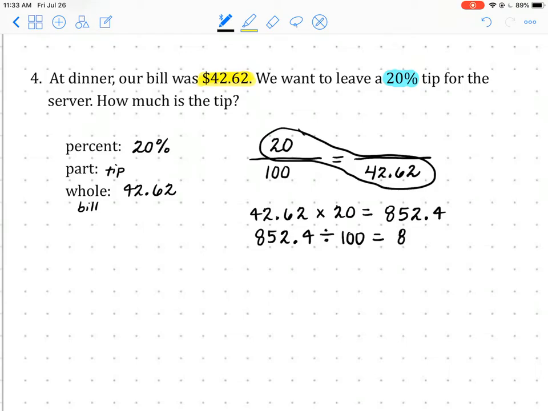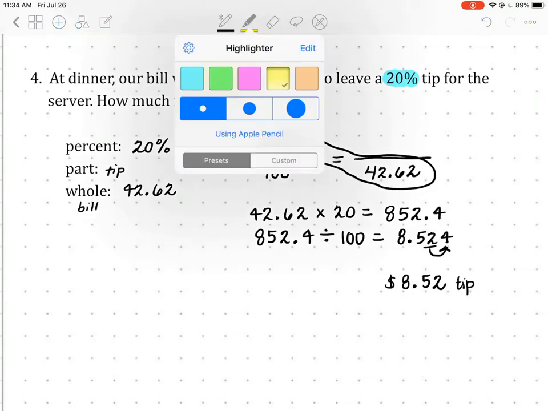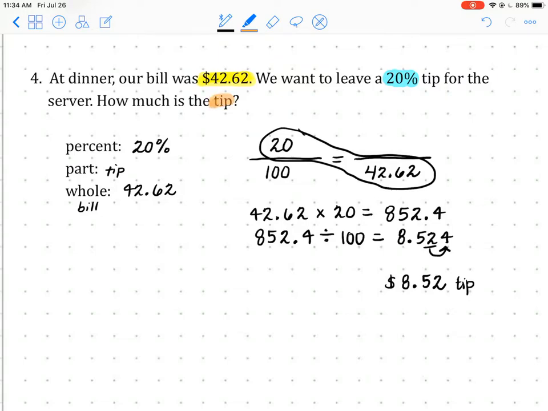And that comes up to be 8.524. So we have to round to the nearest hundredth, the nearest penny. And I come up with $8.52. And that would be the tip amount. That's the part that I'm going to add on to my bill.